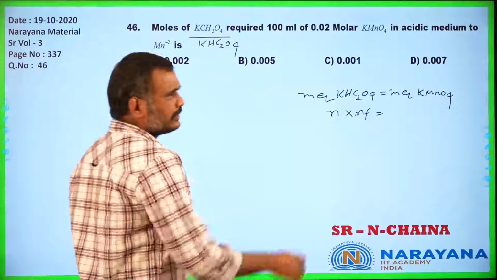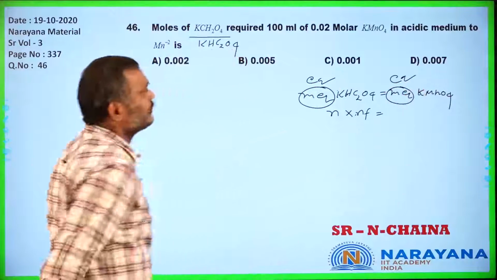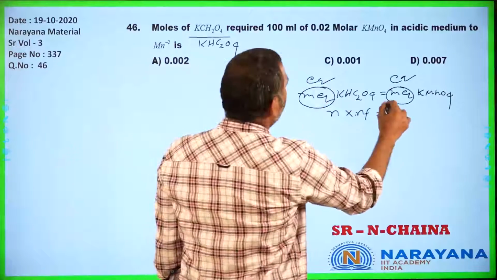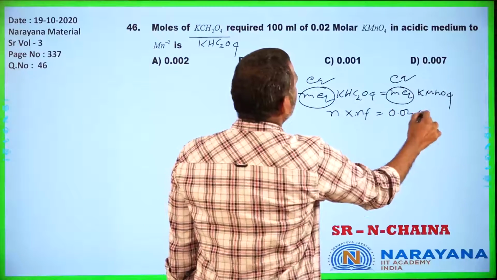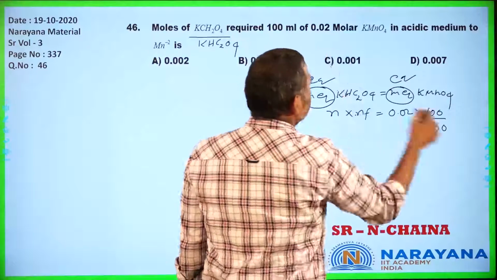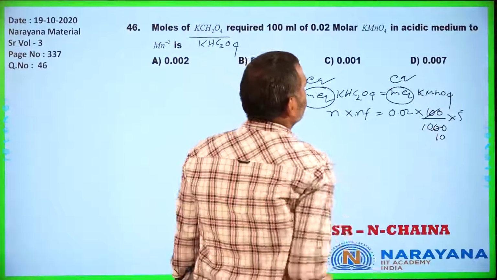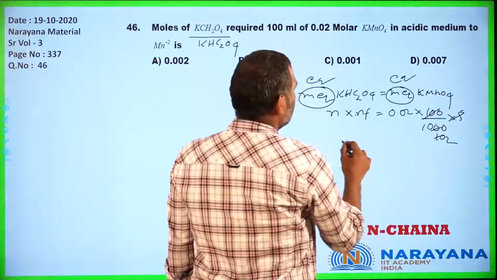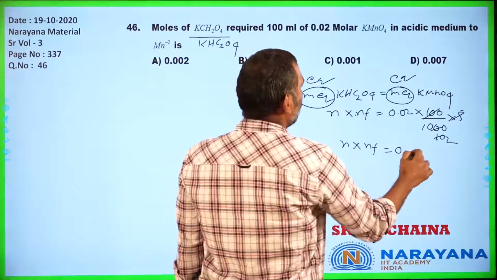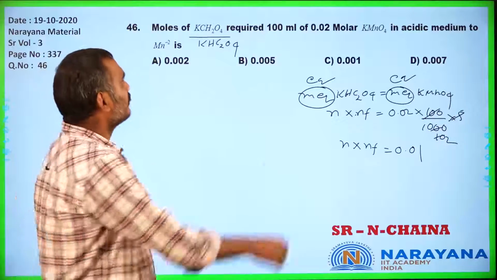Instead of milliequivalence I am going to write equivalence: number of moles into n factor is equal to molarity 0.02 into 100 by 1000 into 5. Why? I am writing equivalence. Number of moles into n factor is equal to 0.01.